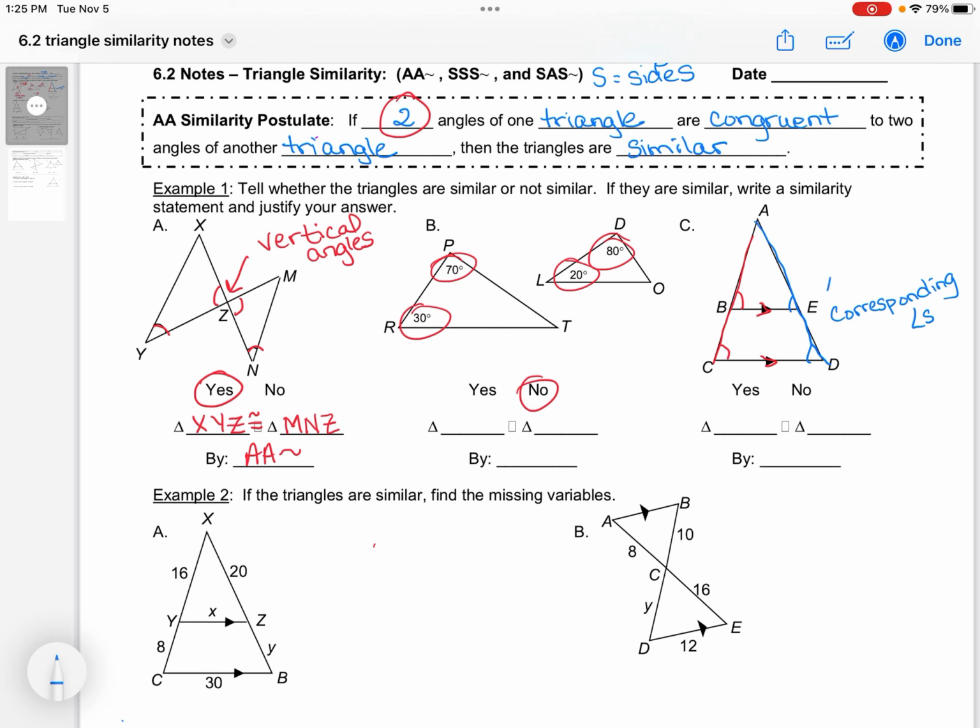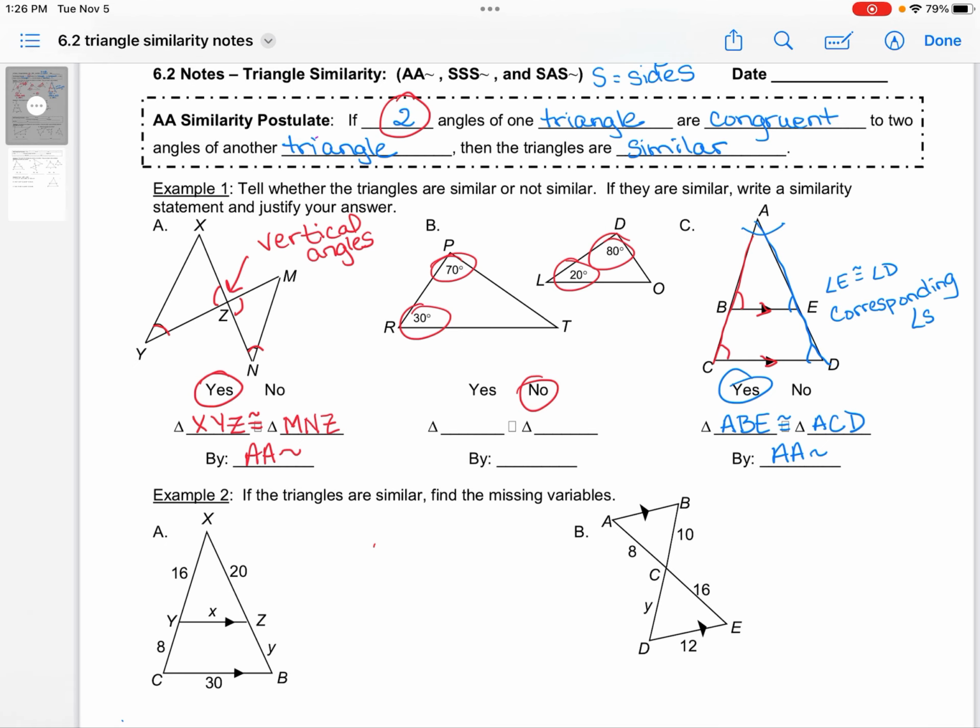So we could say angle E is congruent to angle D, and then A is congruent to itself. So really we know all three angles are equal. So we have triangle ABE similar to triangle ACD, and that would be angle, angle similarity.